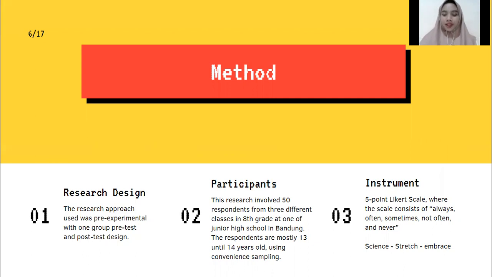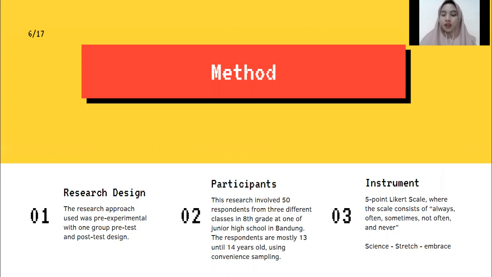For the instrument, I use a 5-point Likert scale, where the scale consists of always, often, sometimes, not often, and never. The questionnaire is taken from SCILE, or the Science Curiosity in Learning Engagement.